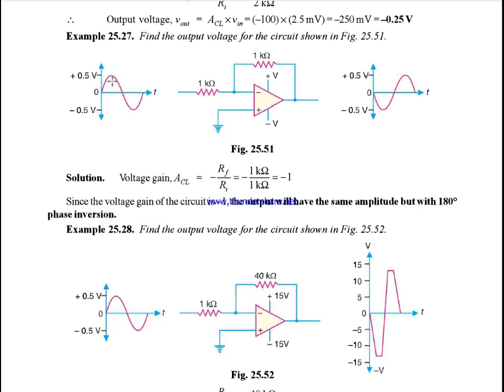Clear? So the equation for gain will be minus Rf by Ri, which is equal to minus 1. So minus 1 means output voltage is equal to input voltage. So if it is 0.5 peak voltage, then the output voltage will be the same, but since it is an inverting amplifier, it will be 180 degree out of phase.